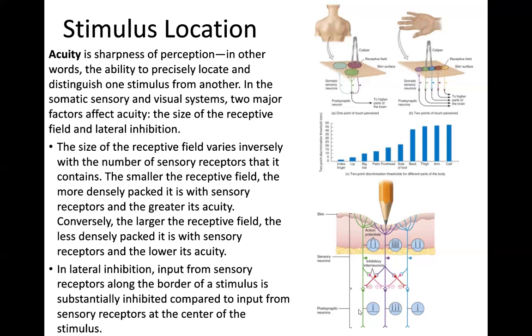So fewer signals end up getting propagated via these two, versus here we can see more action potentials. Fewer action potentials means these are being less stimulated than this one, and therefore our brain's going to know, okay, this is really where that point is touching the body. Make sense? Okay.